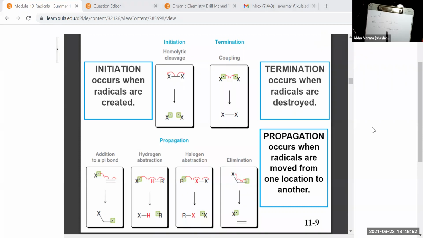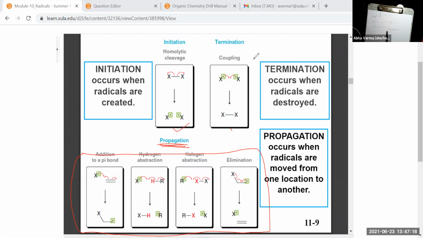And just like in resonance, where I asked you to memorize 4 patterns, I will be asking you to memorize the 4 patterns in your propagation step also. In our arrow pushing, there are 6 arrow pushing steps for radicals.